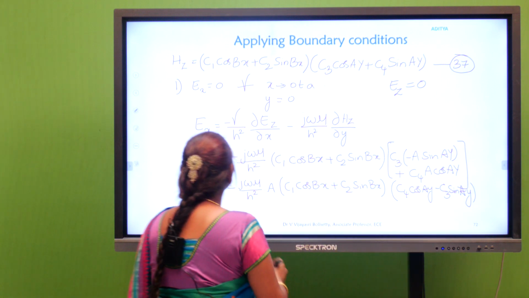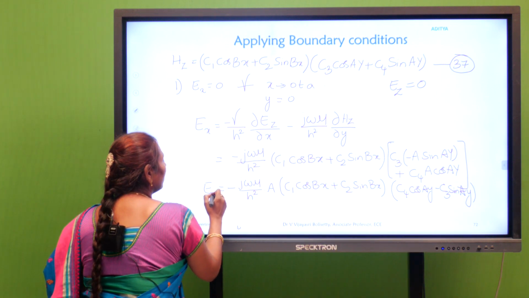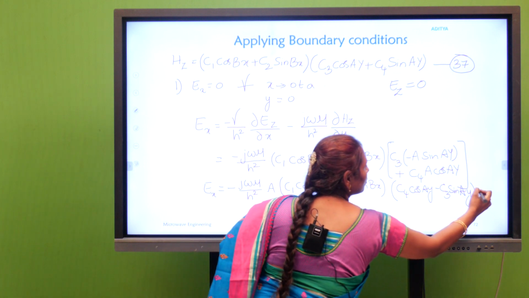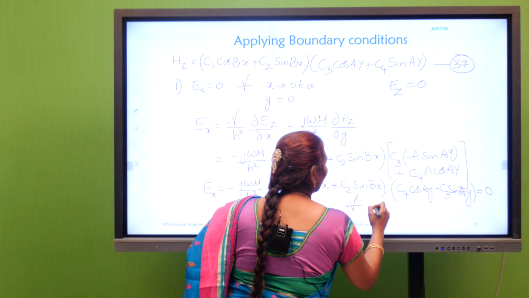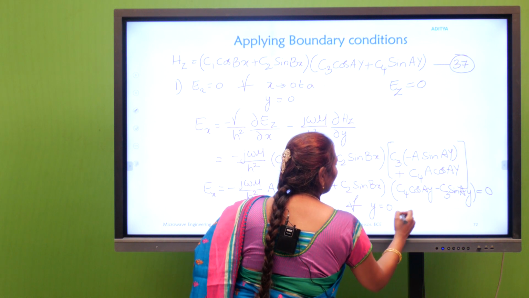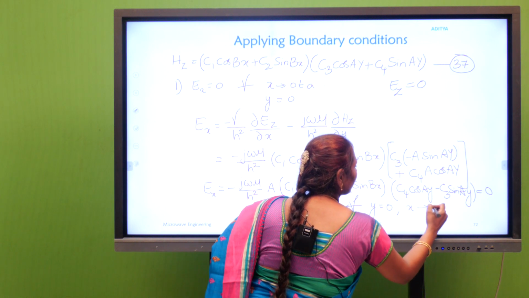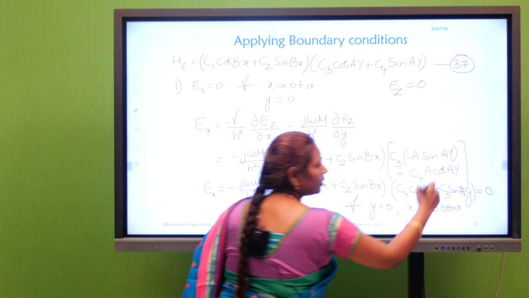This is Ex, and of course we equate this field expression to 0 for y is equal to 0 and x changing from 0 to a.